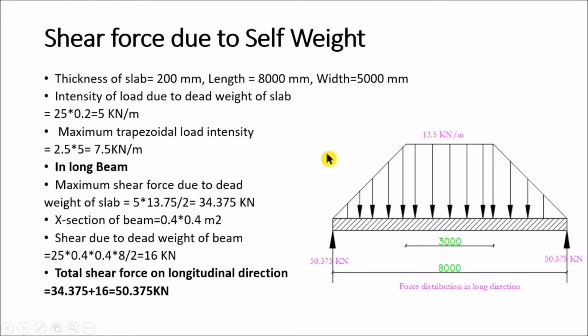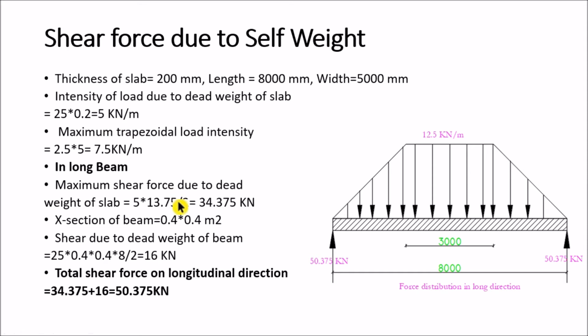Now shear force due to self weight. We already calculated shear force due to application of 10 kilonewton per meter square live load in the slab. Now what will be the shear force if the self dead load is assumed? Then we have a thickness of slab 200 mm, length 8000 mm, and width 5000 mm. The intensity of load due to dead weight of the slab will be 25 into the thickness of the slab, that is 0.2, that gives 5 kilonewton per meter square, right?